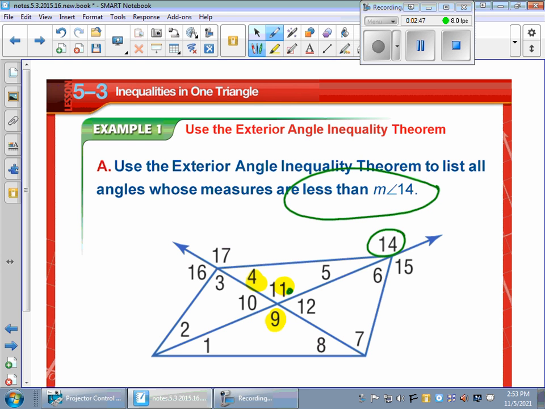Angle 11 is an exterior angle of 2 and 3. So then that has to be bigger than those. And 11 is also an exterior angle of 6 and 7. So therefore, all of those angles are less than the measure of angle 14.